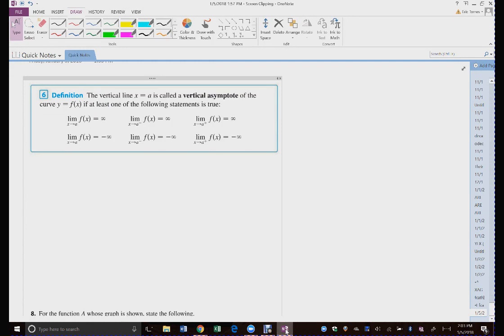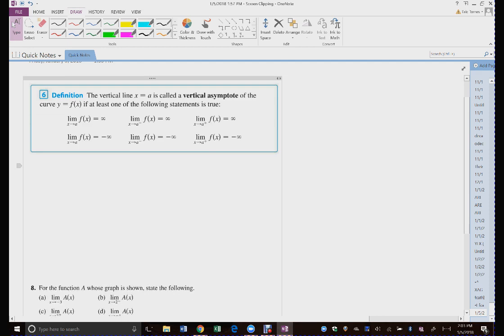This looks a little overwhelming at first, and it's not really necessary to memorize every single situation. All you have to understand is it has to be approaching positive or negative infinity from either one side or the other, and it's possible to do it from both sides. So let's look at some examples of vertical asymptotes using these definitions.